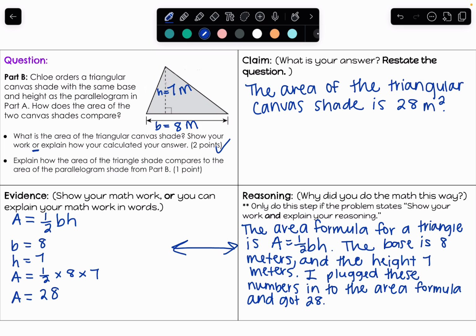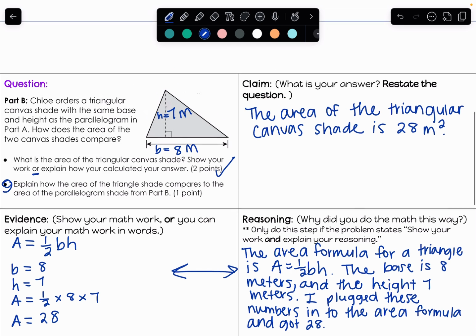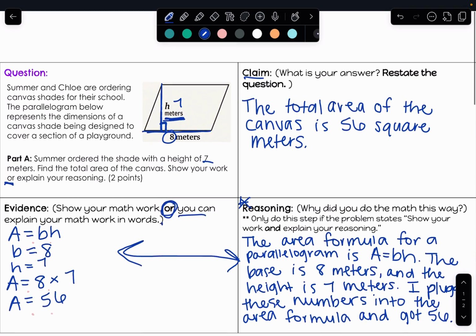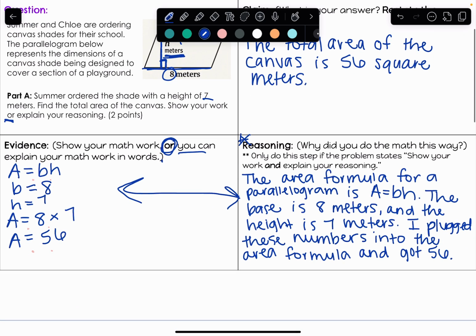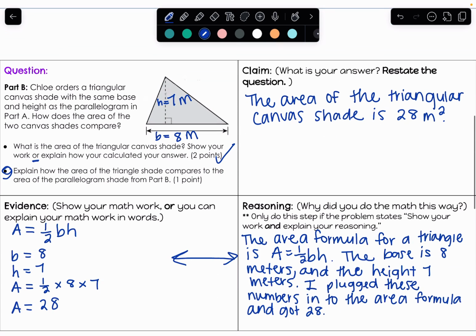So we answered the first bullet point, but do not forget about the second one. Now we need to explain how the area of the triangle shade compares to the area of the parallelogram shade. So if I go back to part A, they have the same base and height, except the only difference is, the area of a parallelogram is base times height. The area of a triangle is 1/2 times base times height.